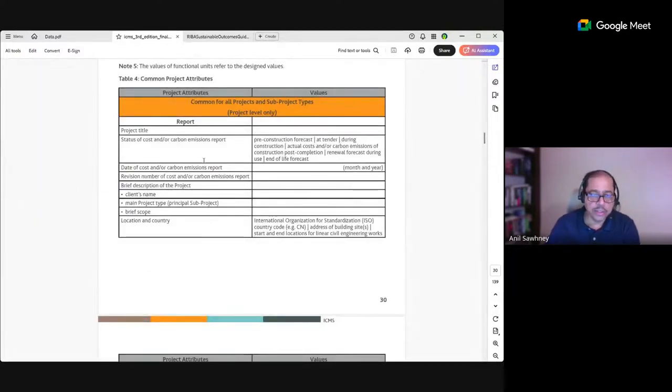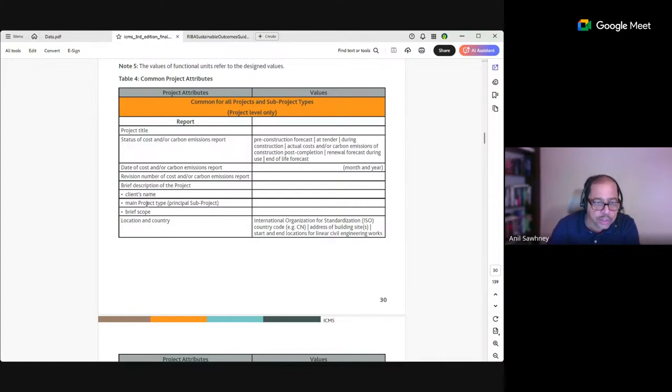So basically, this is what I was telling you in terms of project attributes and values. Because the goal is, using ICMS, carbon emissions and life cycle costs information can sit in a database. It can be your own company's database. Let's say you've done hundreds of projects, and they all have the same structure in which cost and carbon is stored with this kind of project information.